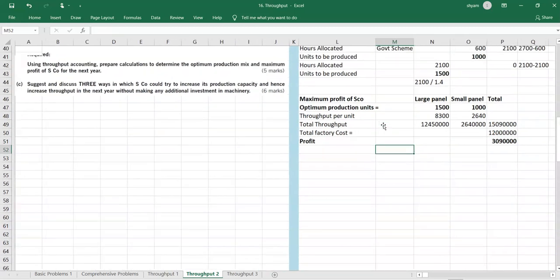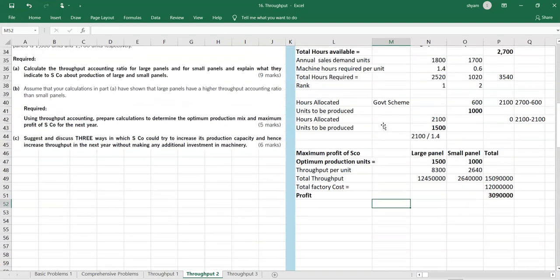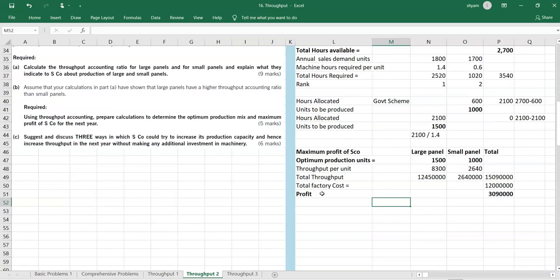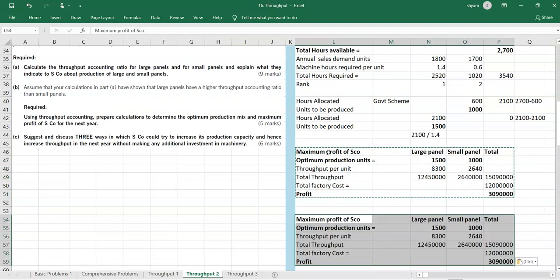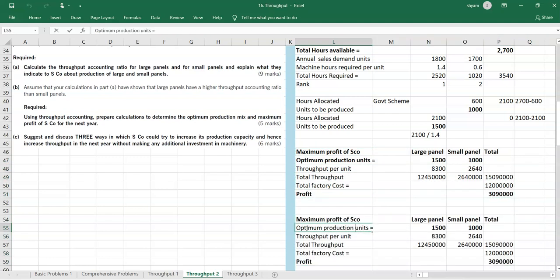Okay, so this is our profit. We can also find out the same answer in terms of throughput per hour. In that way also we can find it out, and we'll get the same answer. If you want, we'll also find out in that manner, so that it's better for you to understand. So the same thing we'll find it out in terms of hours, right? Hours we'll try to find out.